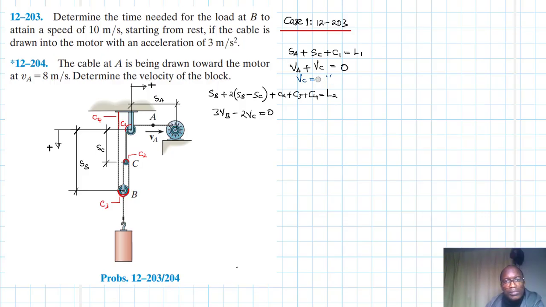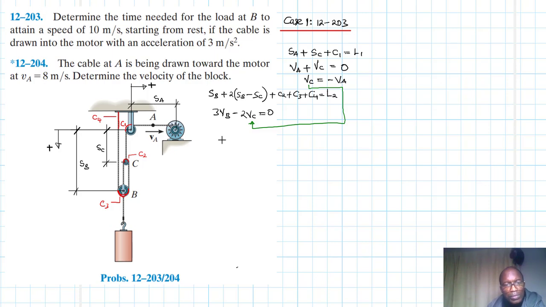So let's write down the accelerations here. So VC is equal to minus VA. Let's plug this in.